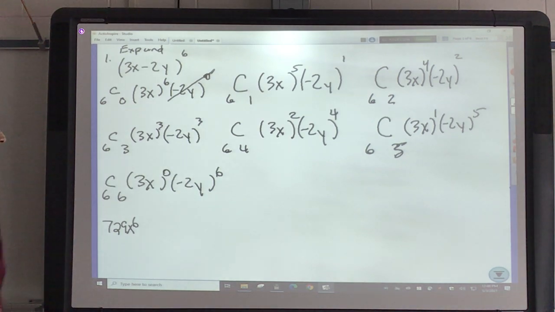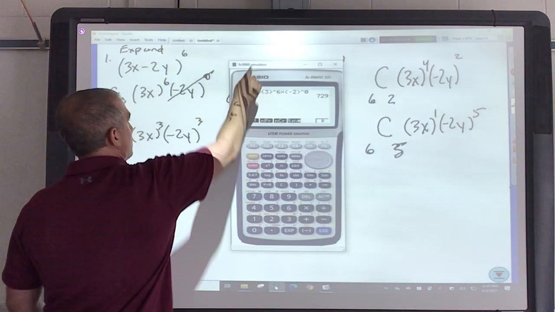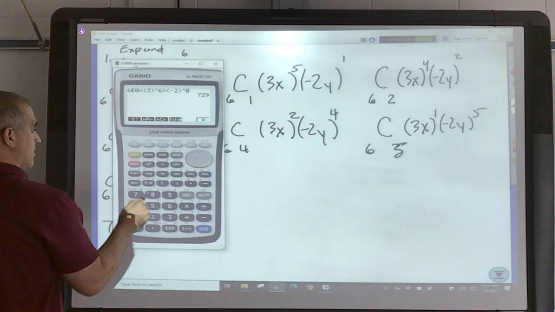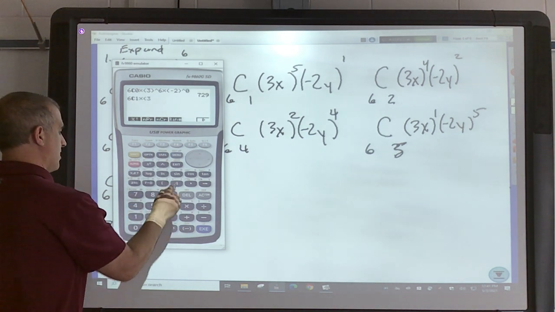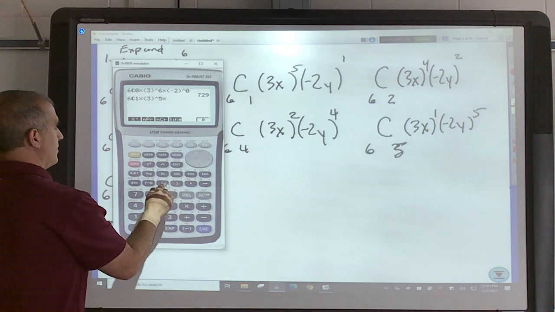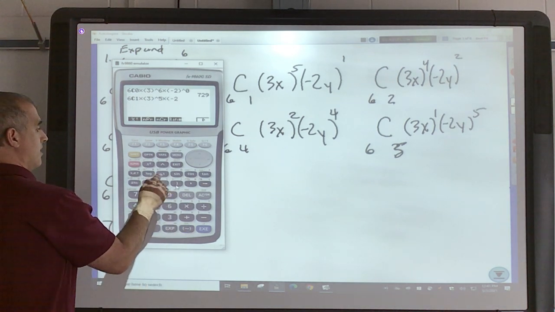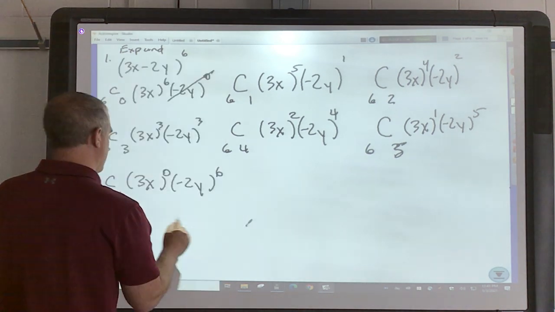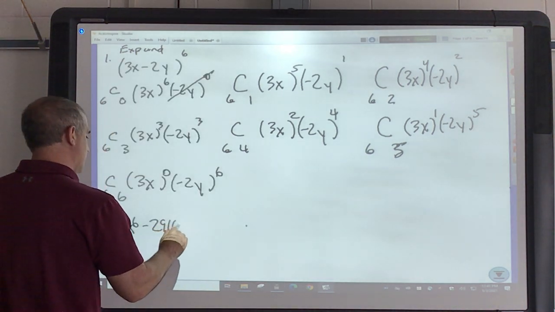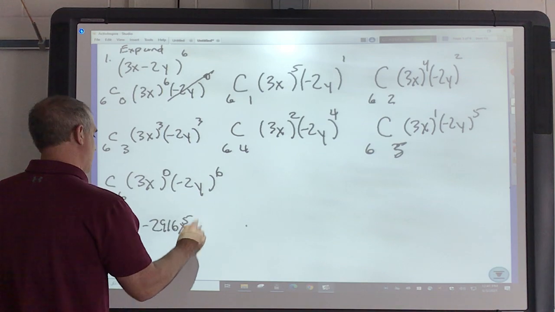Then 6 choose 1 times 3 to the 5th times negative 2 to the 1st, so it's negative 2916 x^5 y^1.